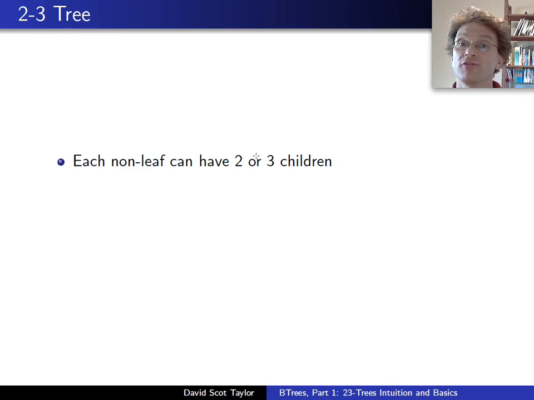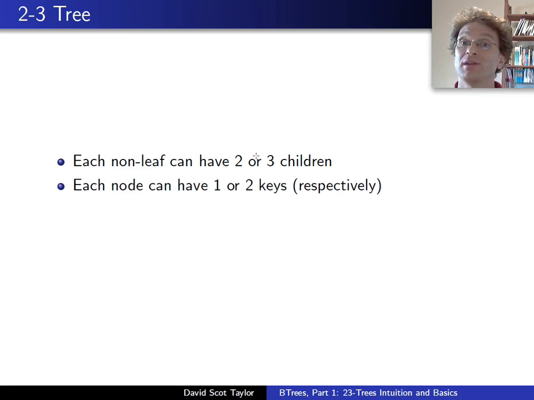Each non-leaf can have 2 or 3 children, and the way we get that is by saying each node can have 1 or 2 keys, right? If a non-leaf has 2 children, it's because it has 1 key. And if a non-leaf has 3 children, it's because it has 2 keys. 2 keys break the number line into 3 parts.